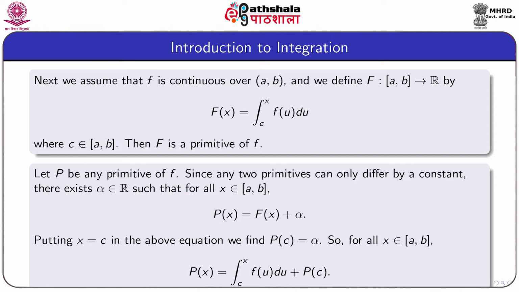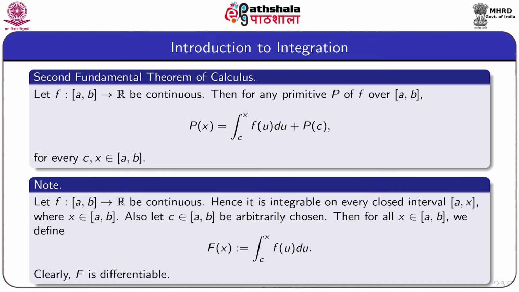We put x equal to c in the above and hence find P(c) equal to alpha, because F(c) equal to integral c to c f(u) du, which is nothing but 0. So, for every x from the bounded closed interval AB, we find P(x) equals integral c to x f(u) du plus P(c).